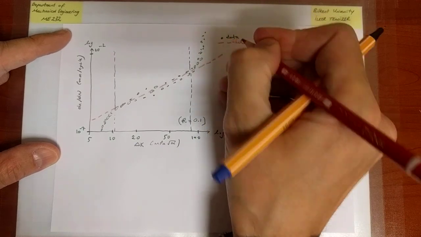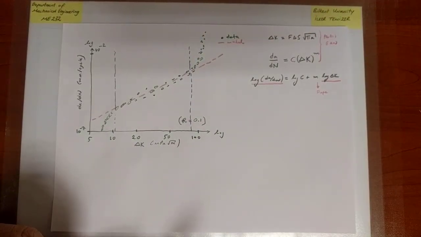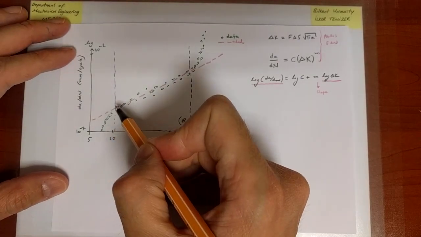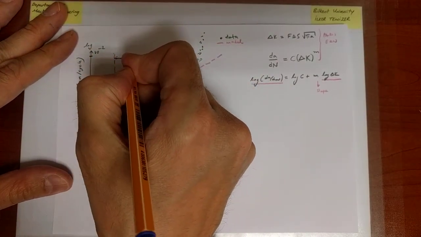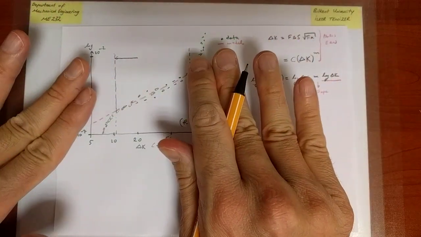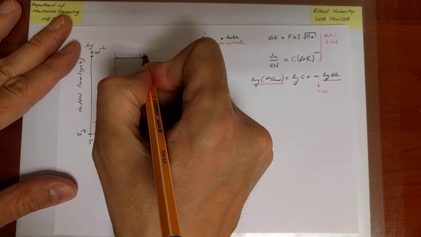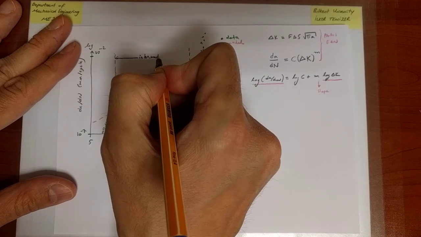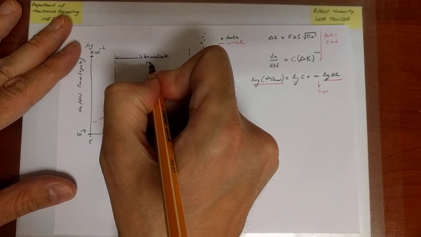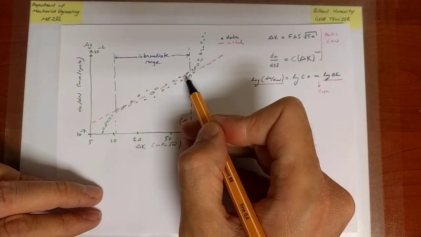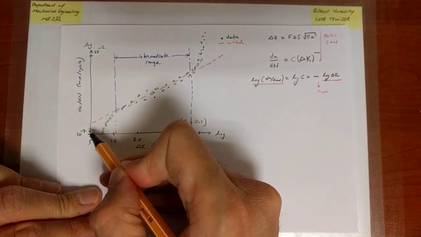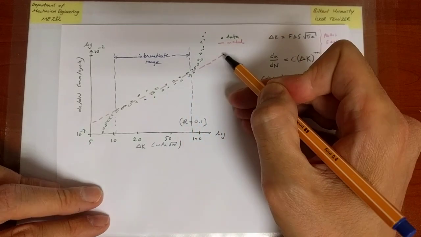the Paris equation. What the data points are doing is, there is a certain range, and this lies in the intermediate portion of the two edges, so it is indeed called the intermediate range, where the data points lie perfectly on a line, okay? And that's why we are drawing a line through those data points.